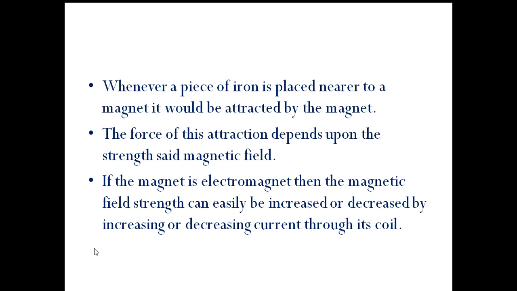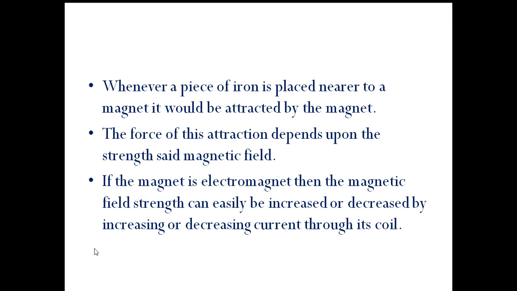As just now we have seen, the movement of the iron piece is according to the magnetic field strength. So if the magnetic field strength is more, the angle moved by the iron piece is more.